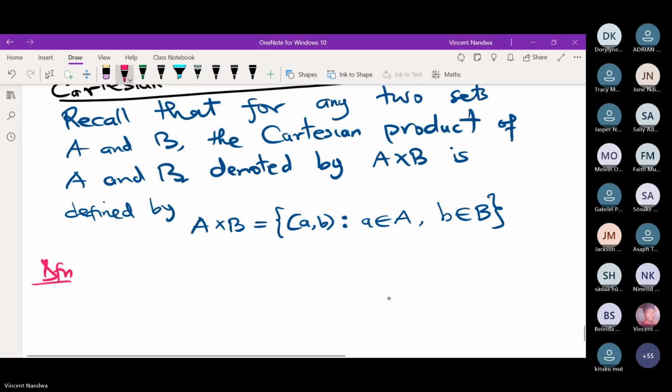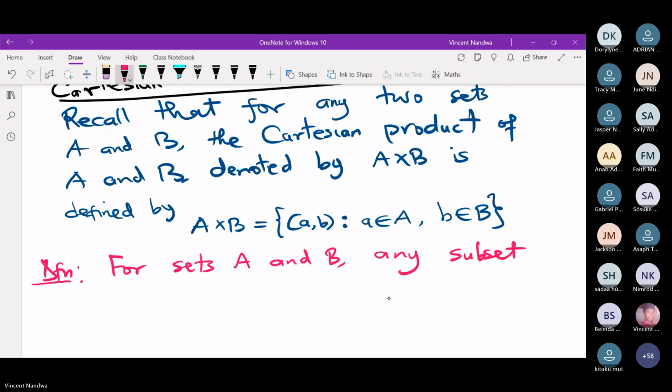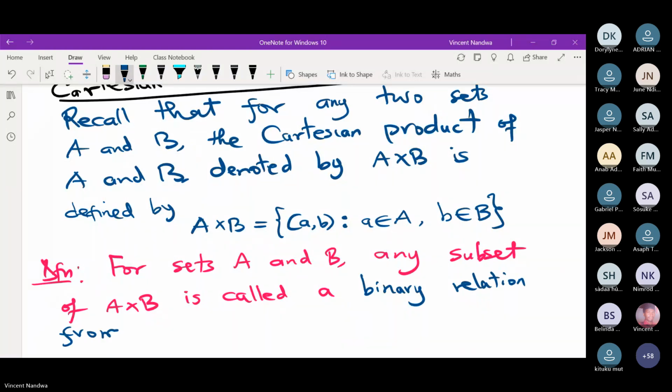Definition: for sets A and B, any subset of A cross B is called a binary relation from A to B. So any subset of the Cartesian product of sets A and B is called a binary relation from set A to set B.